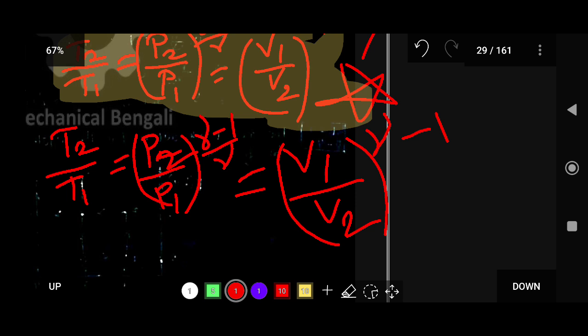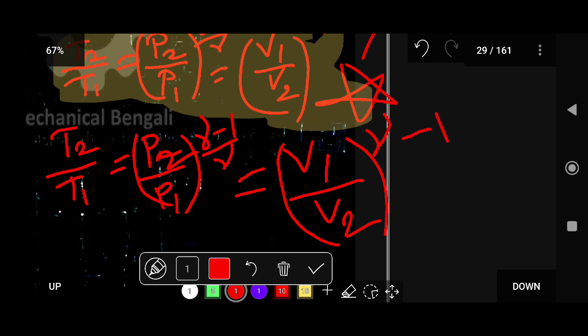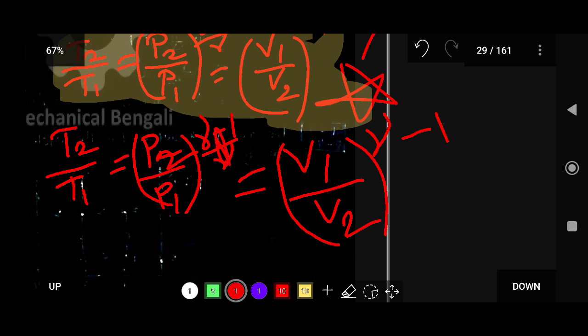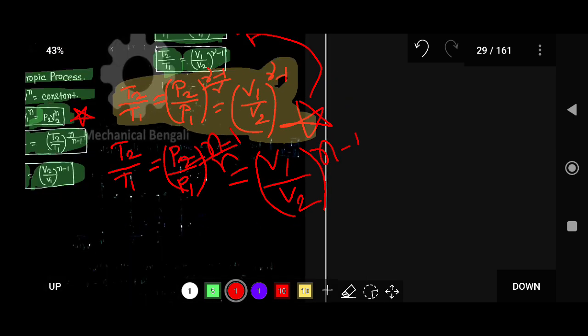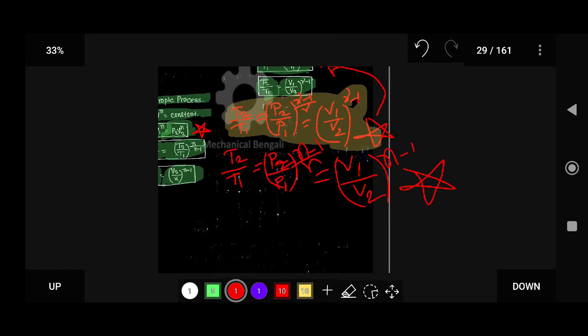Sorry for that, here it is not gamma, it is n minus 1. This formula is very, very important. Remember this formula.